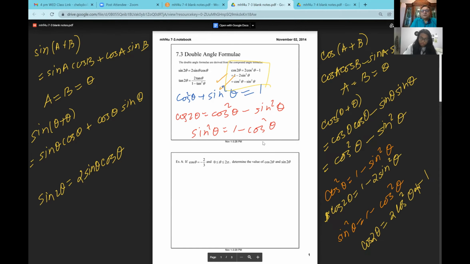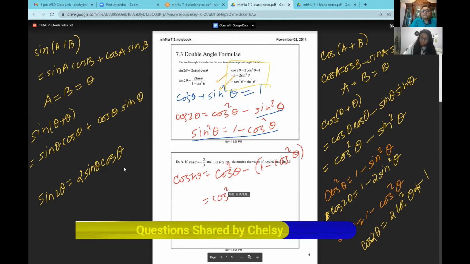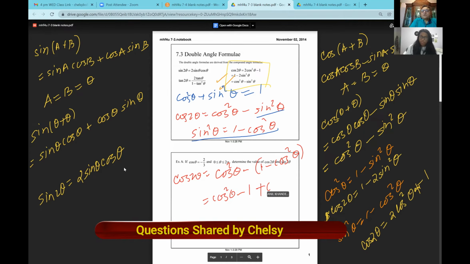You can use it and replace sine square theta with 1 minus cos square theta. If you do that, what do you get? You get cos 2 theta equals cos square theta minus, within brackets, 1 minus cos square theta. If you open the bracket, you get cos square theta minus 1 plus cos square theta. That gives you 2 cos square theta minus 1, which is the first formula written here. Is that clear to you? So you use the Pythagorean trigonometric identity to get the other two varieties.